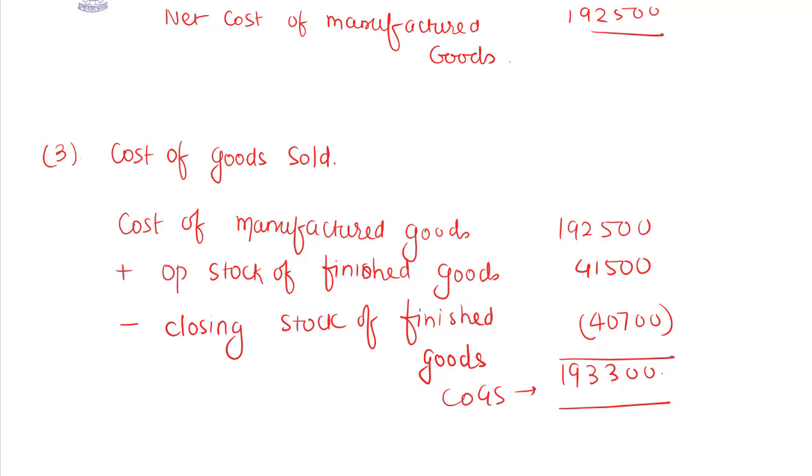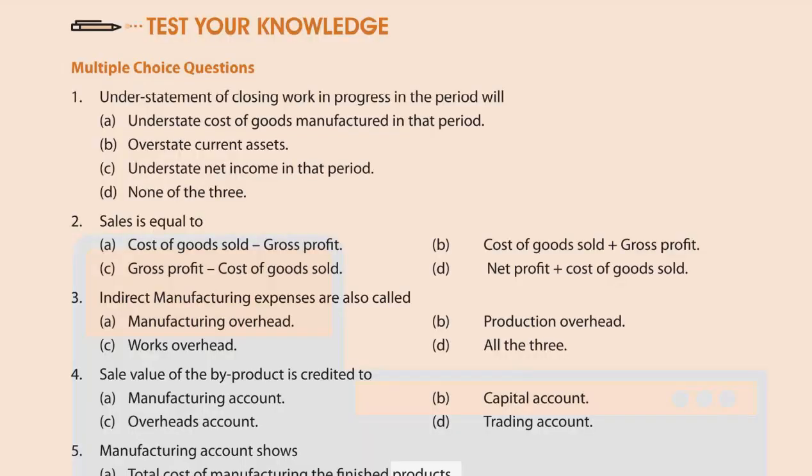I believe you understood till here. Let us quickly do the MCQ. Understatement of closing work in progress in the period will A. Understate the cost of goods manufactured in that period.